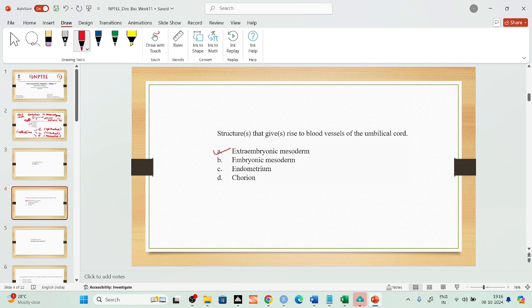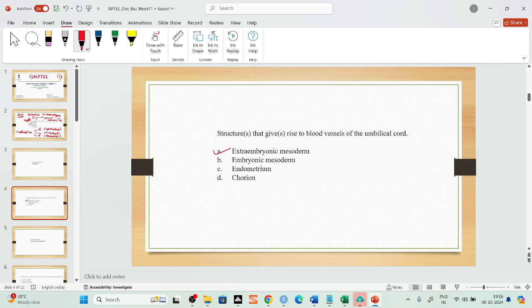You just have to understand that the umbilical cord is very important because it is a point of connection between the embryo and your fetus. And it helps in the exchange of nutrients and gases between the fetus and the mother.